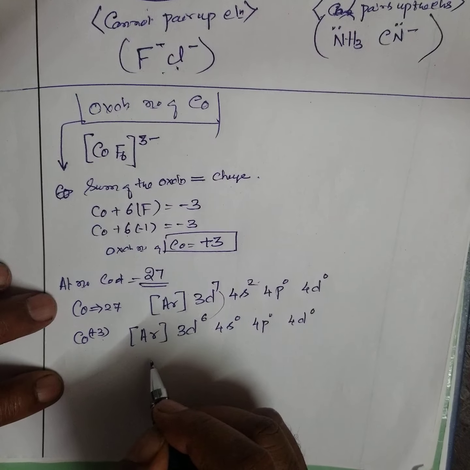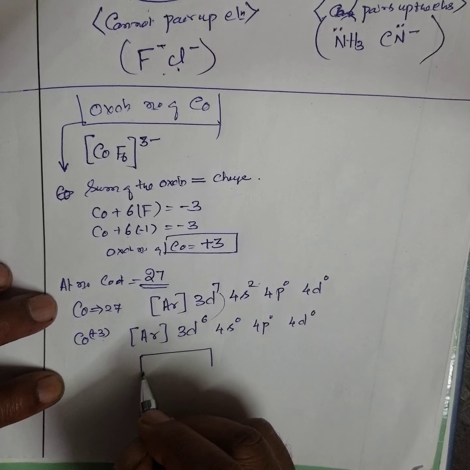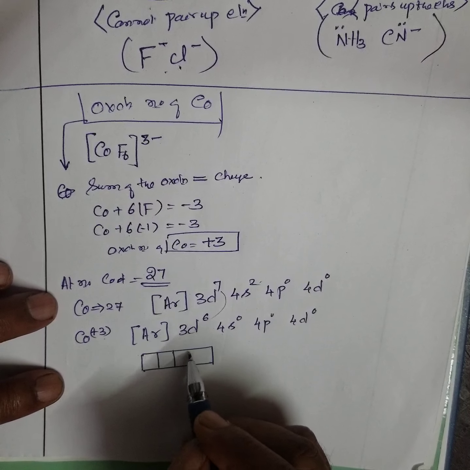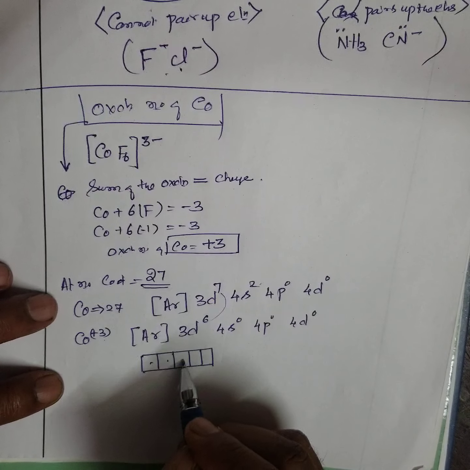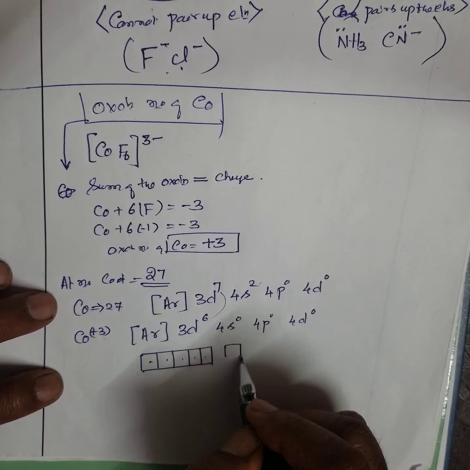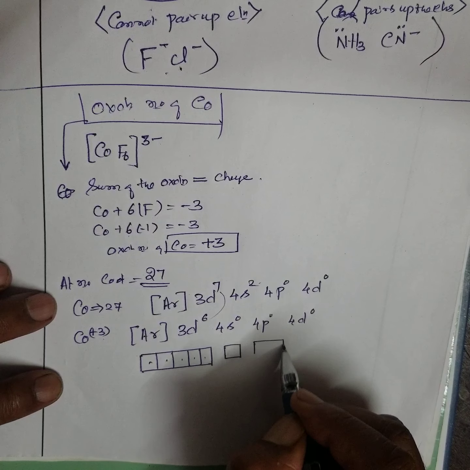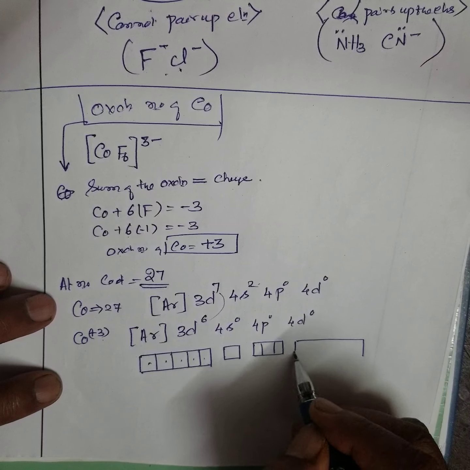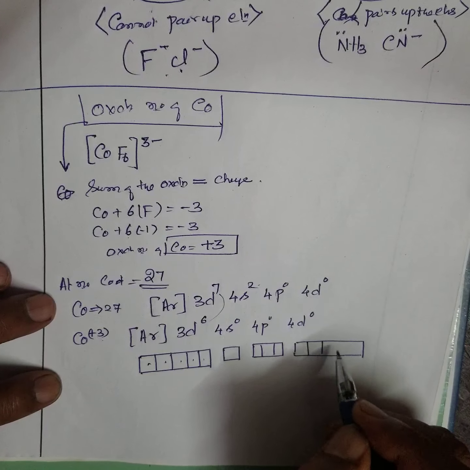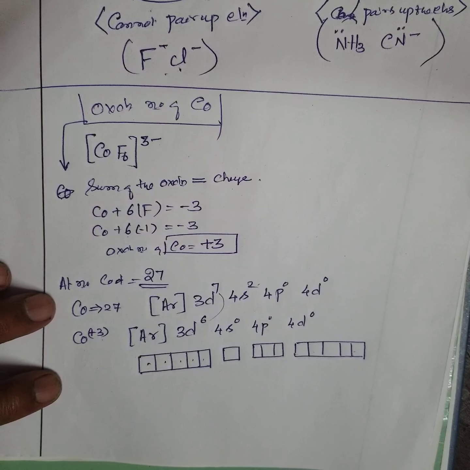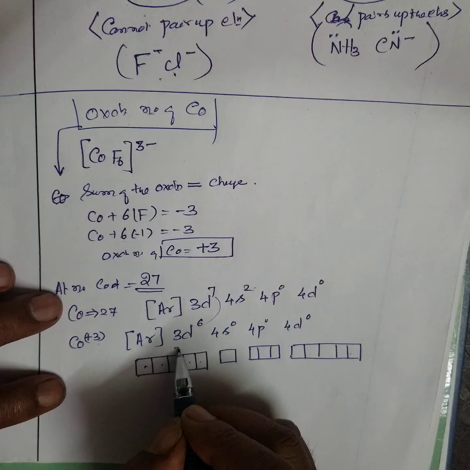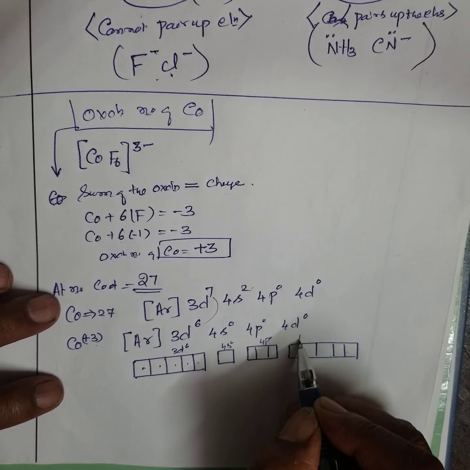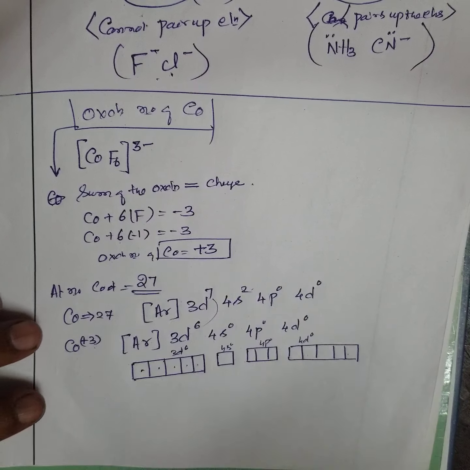Now I'll draw the orbitals. The d orbital contains how many boxes? 1, 2, 3, 4, 5. The s orbital contains 1 box. The p orbital contains 3 boxes. Again 4d contains 5 boxes. Now this is 3d6, 4s0, 4p0, 4d0.